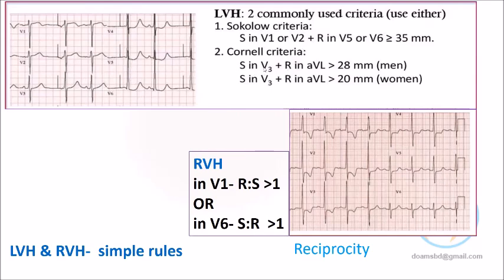There are some other calculations, like SV3 and RAVL, but in the Sokolow criteria we follow more than 35, easy. And another one I have shown you, just compare the reciprocity. I think this slide is enough for you, doctor, to make a snapshot to see RVH and LVH.